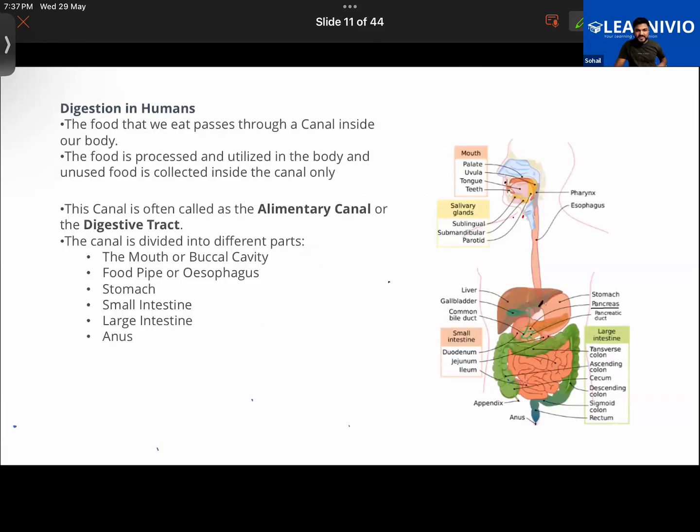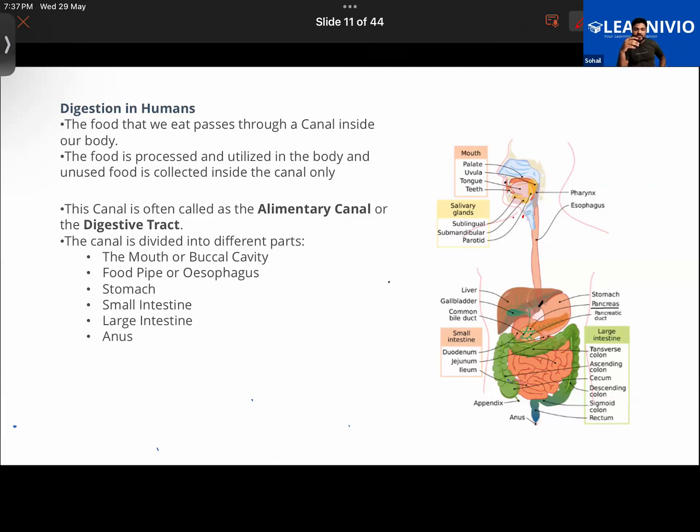Now let's understand digestion in humans. The digestive system of humans basically converts the food that we eat into its simplest form.